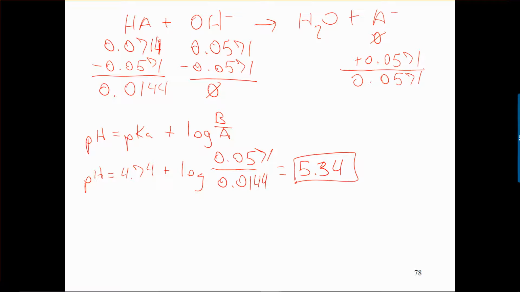So this time I am over my pKa because there's more base than there is acid in the ratio. More base than acid, so it actually gets added to my pKa, because of your conjugate base and then your acid.